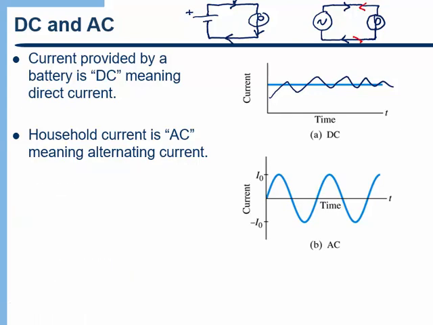And in fact, for household current in the United States, that frequency is 60 hertz. So if we were to graph the current as a function of time, we would see that it's much more complicated, that the current is going one direction and then back the other way.